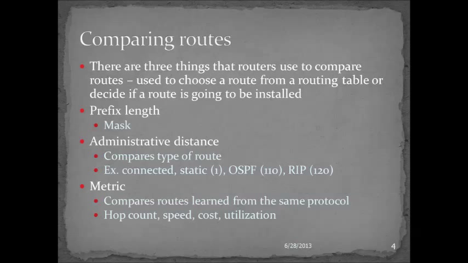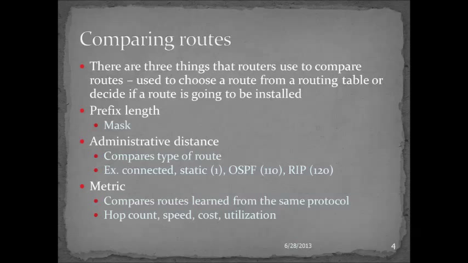Now, I suppose it's difficult to talk about routes and routing and routers if we don't discuss a little bit about how routers make decisions, or how they add routes. There are 3 values that we associate with routes. The first one is the prefix length, and this is actually the big one, the one that we consider to be most important.